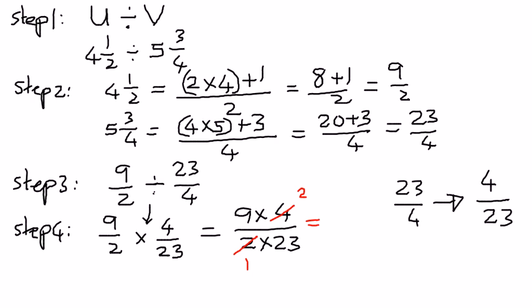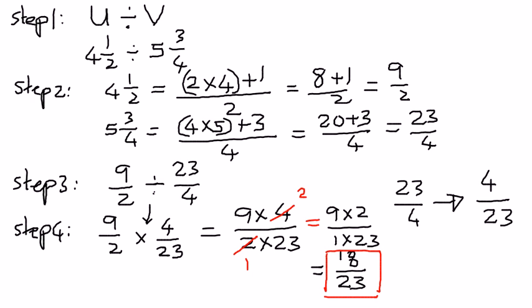What we are left with here is 9 times 2 divided by 1 times 23. So when we simplify this, we're going to end up with 9 times 2 is 18 divided by 1 times 23 is 23.